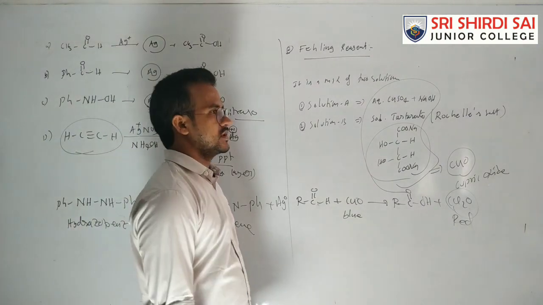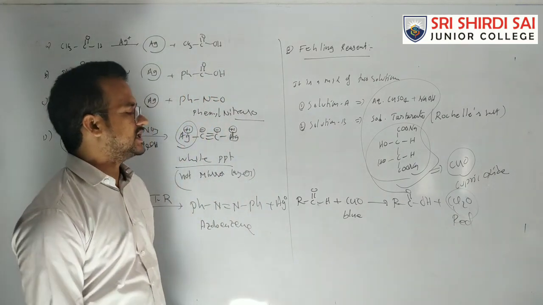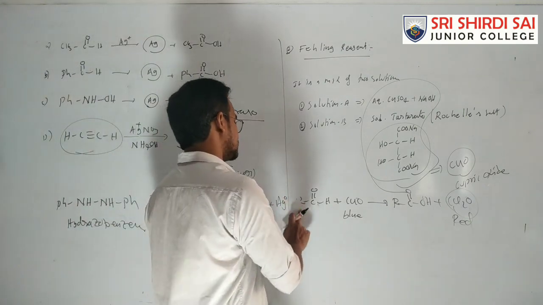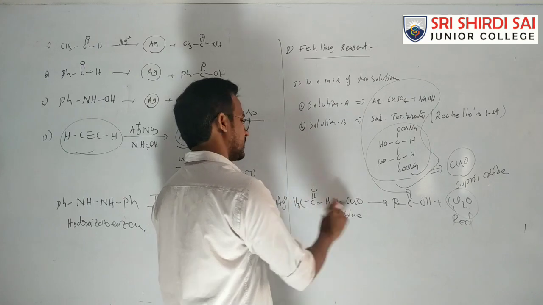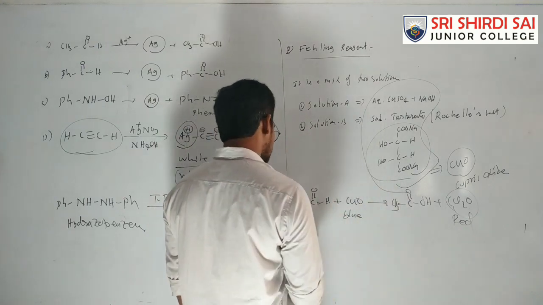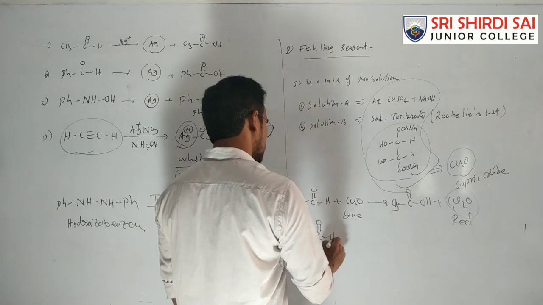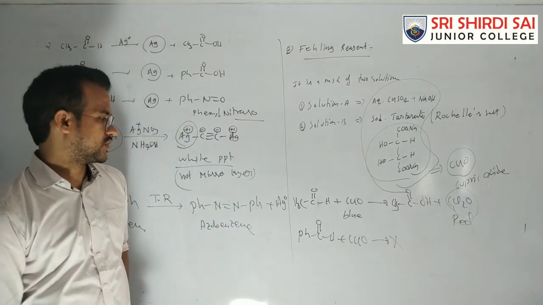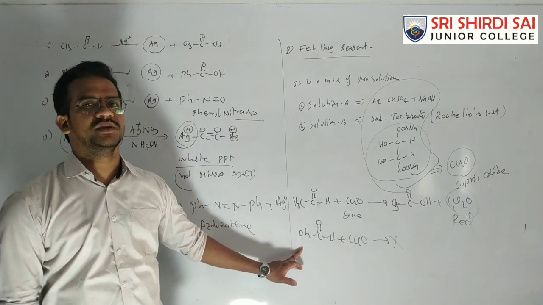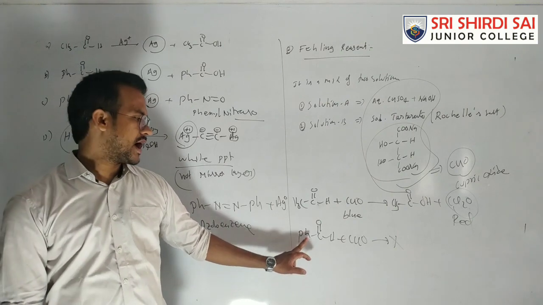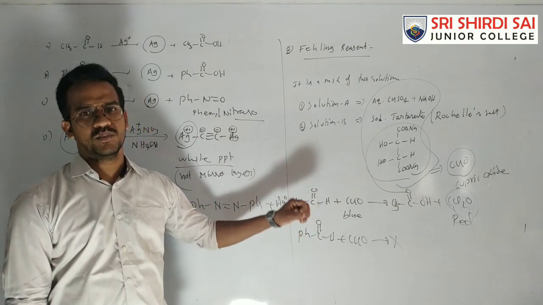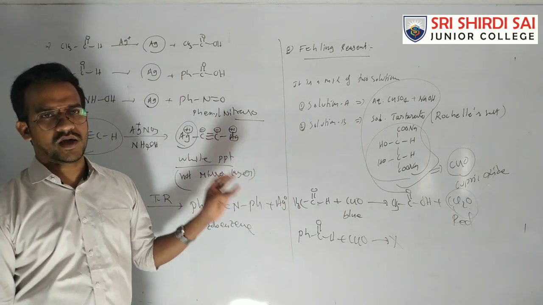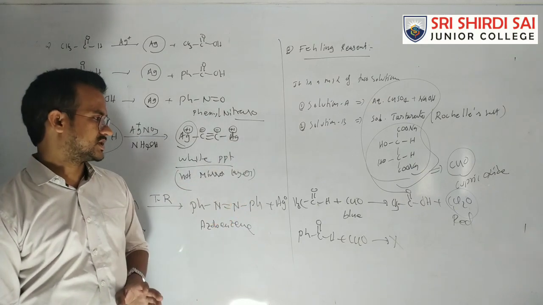But one specific point for the Fehling reagent: only aliphatic aldehydes react with the Fehling reagent. For example, CH3CHO does, but PhCHO, an aromatic aldehyde where the aldehyde group is directly attached to the benzene, does not react with the Fehling solution. With Tollens reagent, either aliphatic or aromatic aldehydes give a positive Tollens test.